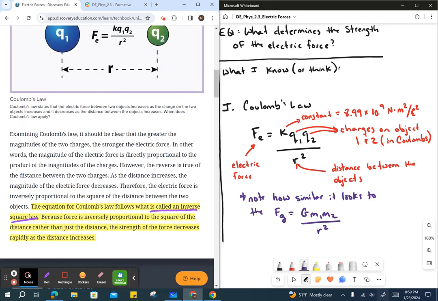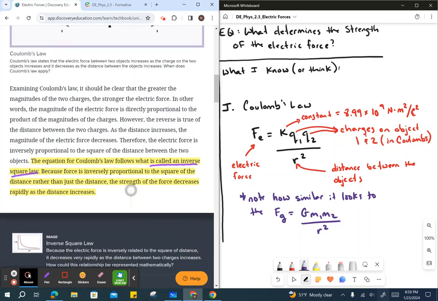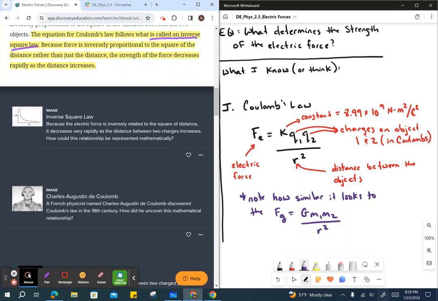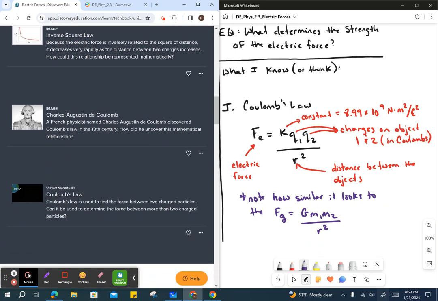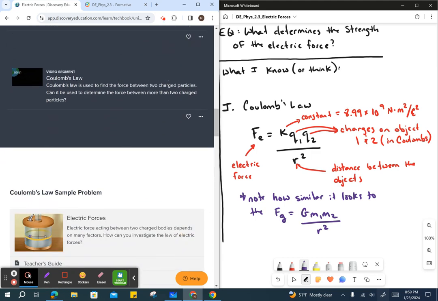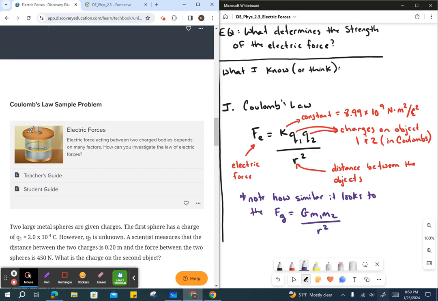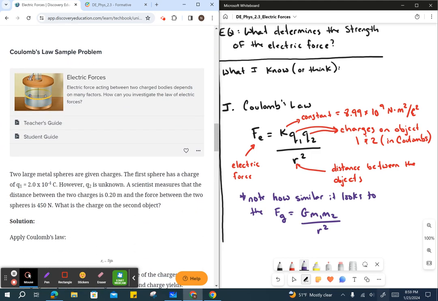All right, let's continue to move forward here. You got some images, some stuff on Coulomb, a video segment on Coulomb's law, and then they give you a sample problem here.